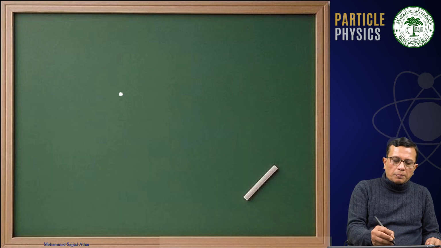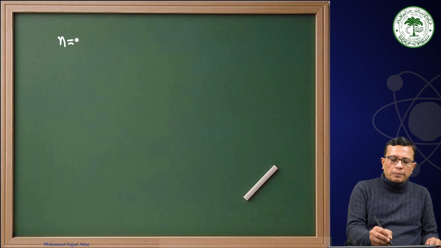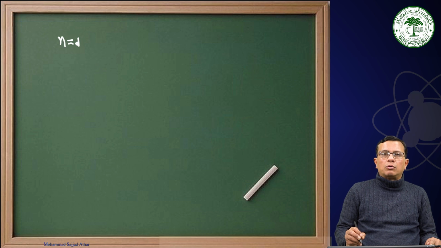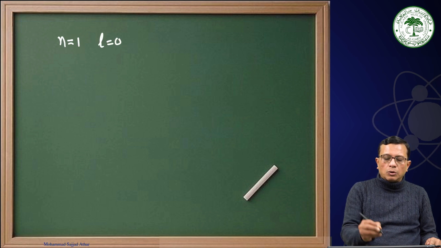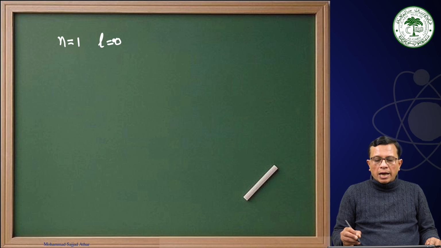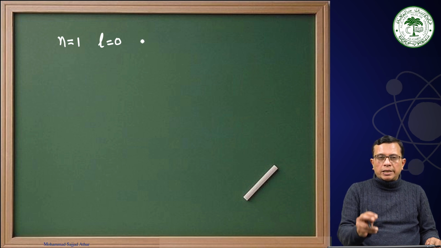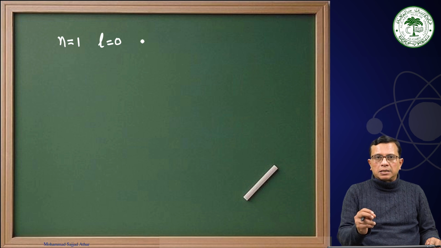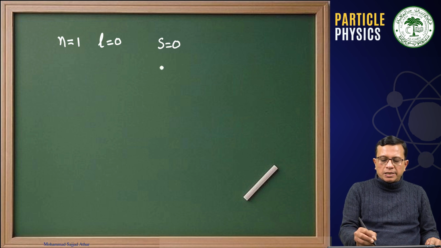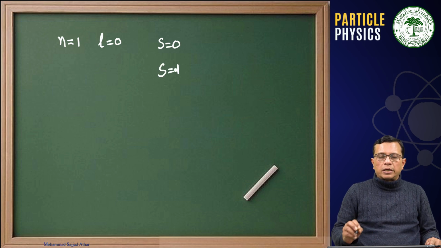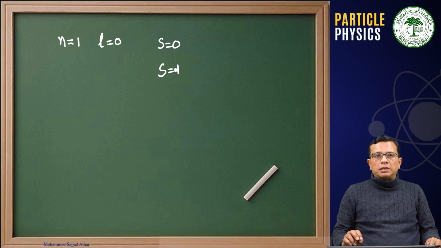If we talk about a particular principal quantum number n equal to 1, that will have L equal to 0, and there are two fermions which are spin half particles, and therefore the total spin of the states can be spin singlet or spin triplet.